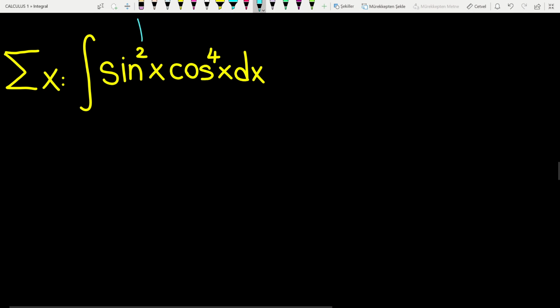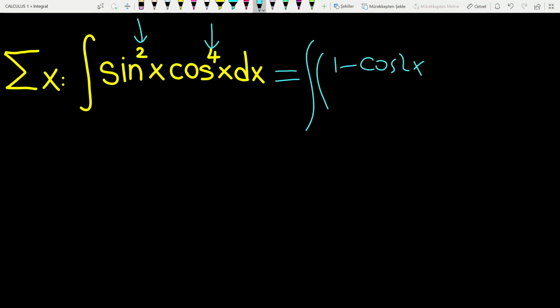Look at the powers of sine and cosine. They are both even numbers. So in this case, I should write the integral as 1 minus cosine 2x over 2.